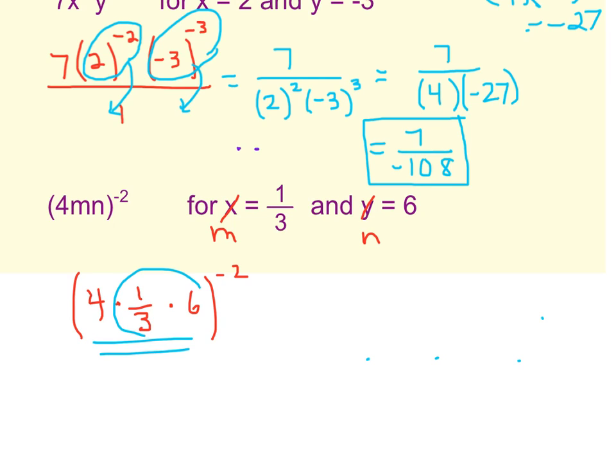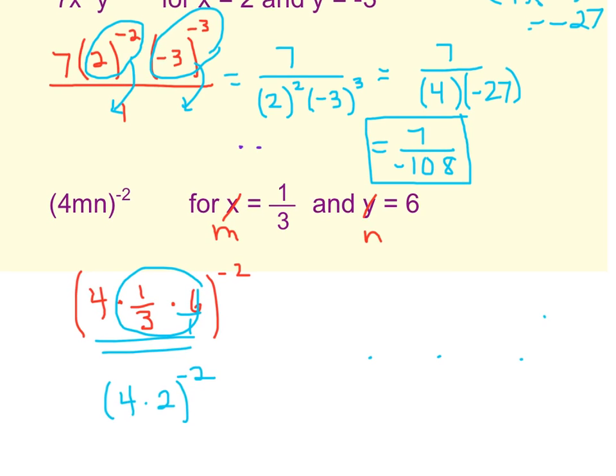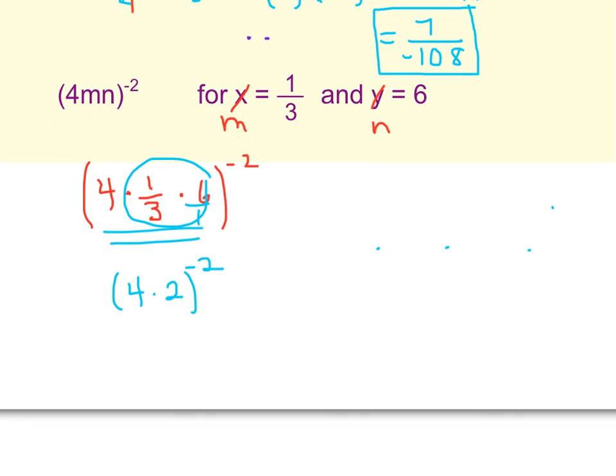I would multiply the 1/3 times the 6 first. That's like a 6 over 1. If you multiply straight across, you get 6 over 3, which is 2. So really we're looking at 4 times 2 to the negative 2 power. And then keep simplifying. 4 times 2 is 8 to the negative 2 power.